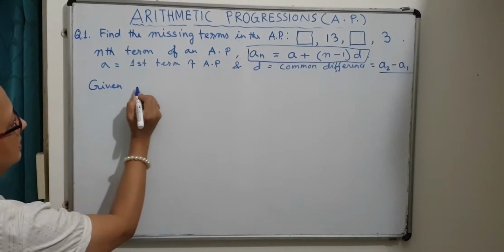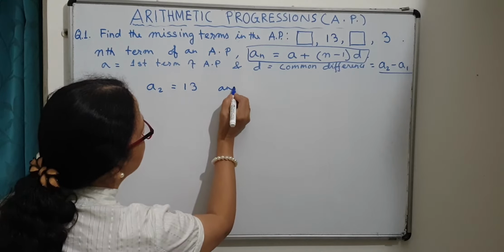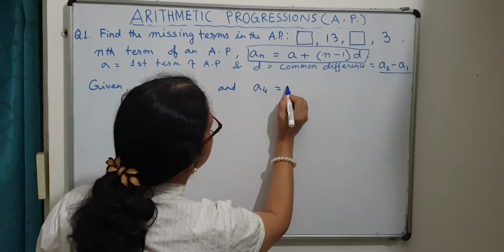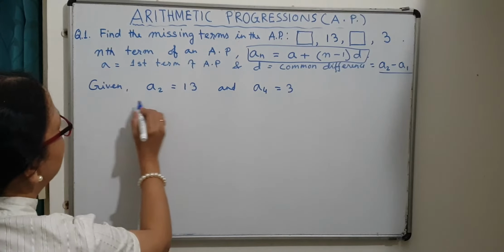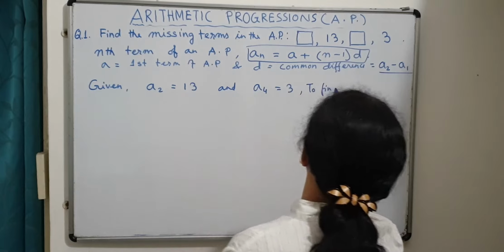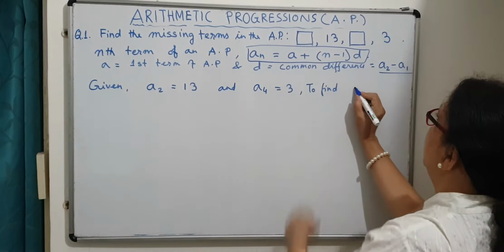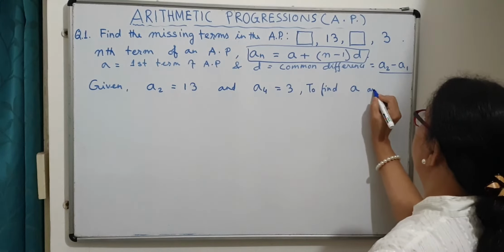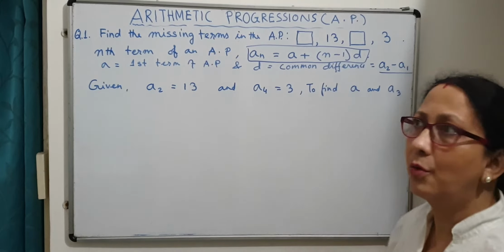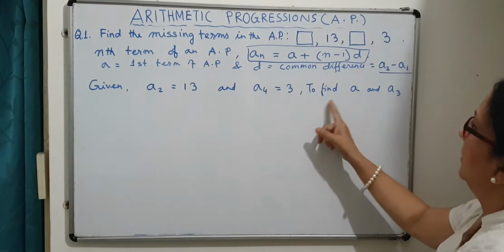The second term is 13 and the fourth term is 3. This is given to us, and to find, this is the first term and third term.